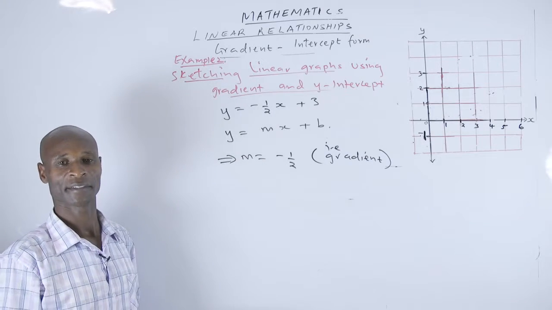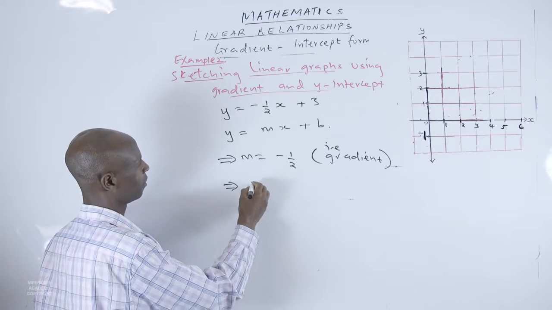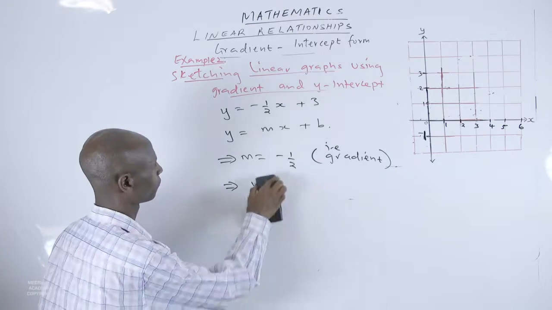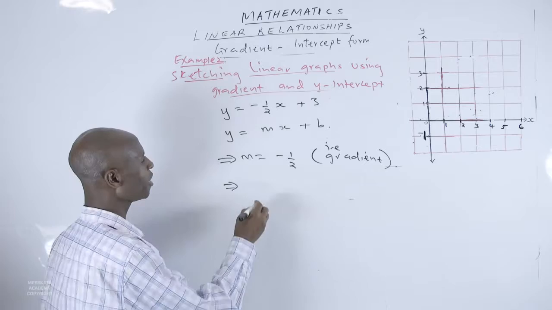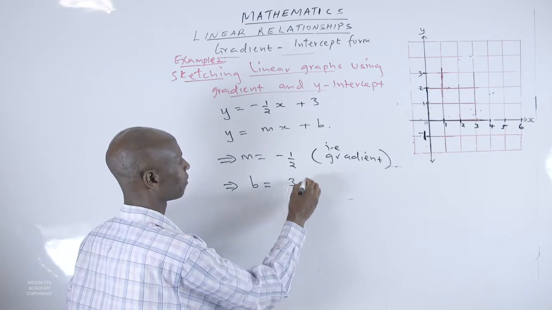That is the gradient. Then the y-intercept, which is b, is positive 3.